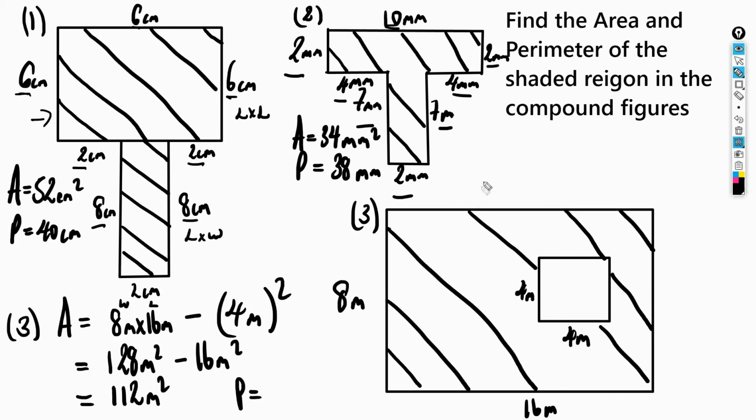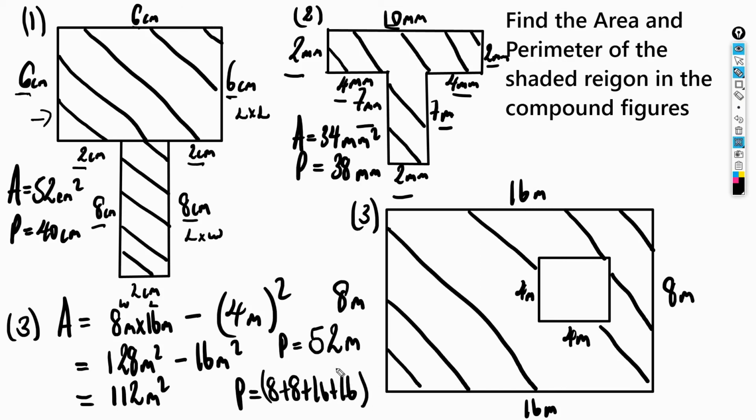The perimeter is just the perimeter of the rectangle. Okay, and we're going to end up with 8 plus 8 plus 16 plus 16, which should actually be 48 meters. Okay, when you add all of these up, we should get 48 meters.